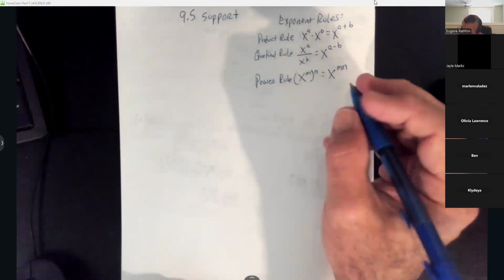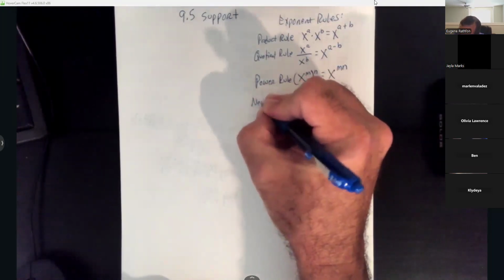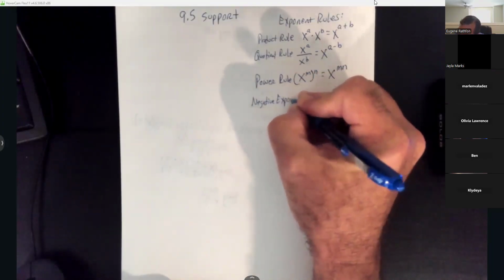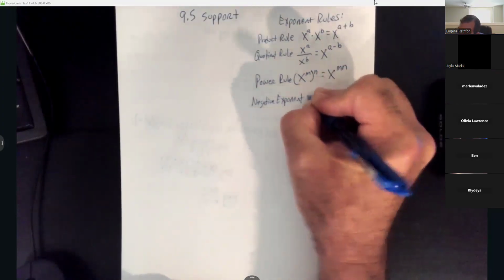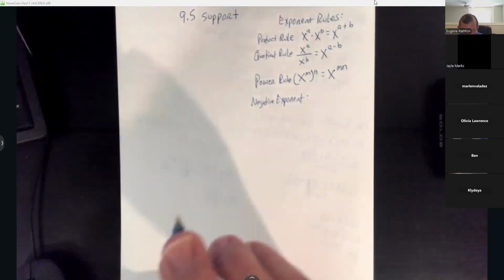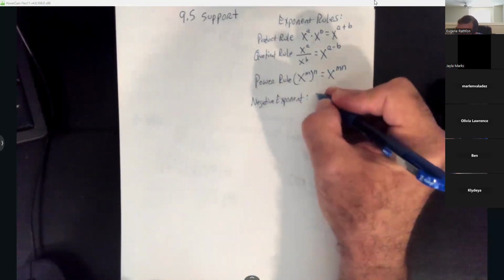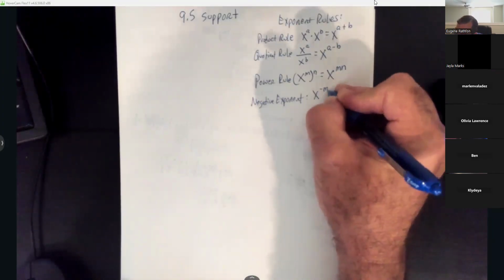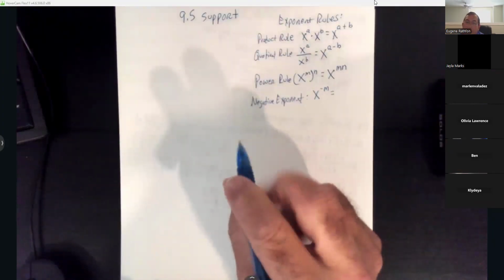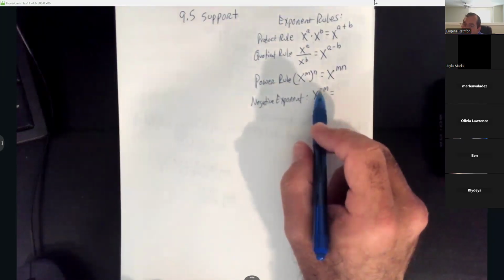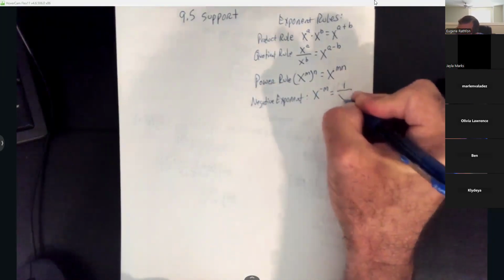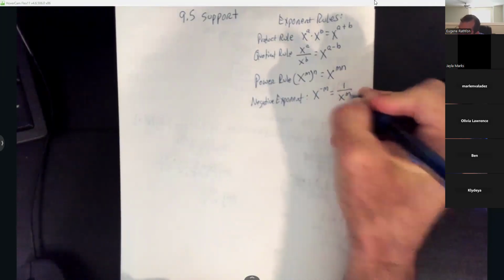Now we also got what we call the negative exponent. Because y'all, we don't like keeping negative exponents in our answers. So if we got something like this, x to the negative m, to make an exponent positive, you pull it under 1. And this gives me x to the m.